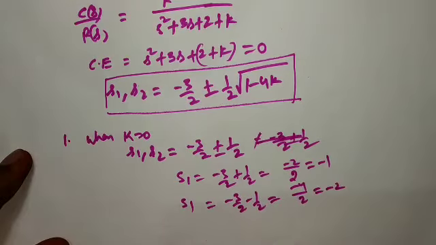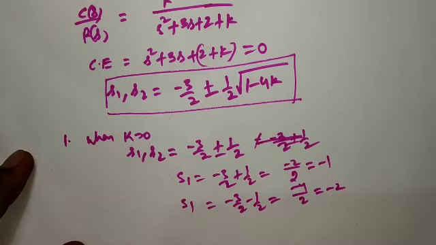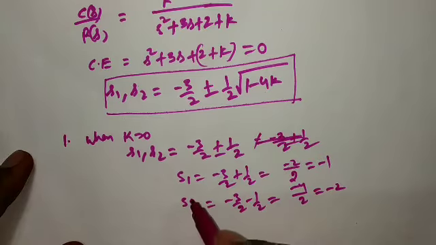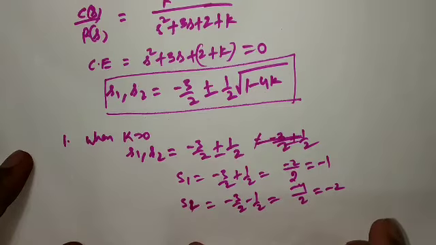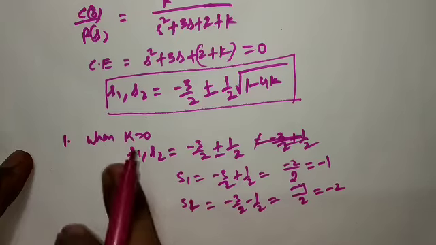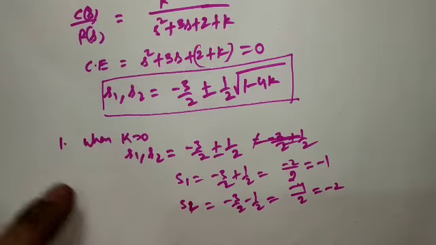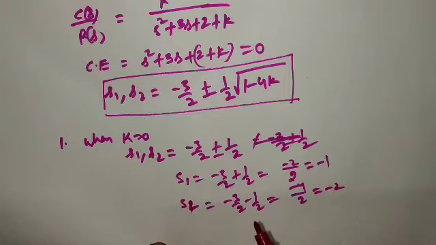So what are the two roots? Minus 1 and minus 2. When K is equal to 0, s1 is equal to minus 1 and s2 is equal to minus 2. It means you will get the open loop poles.